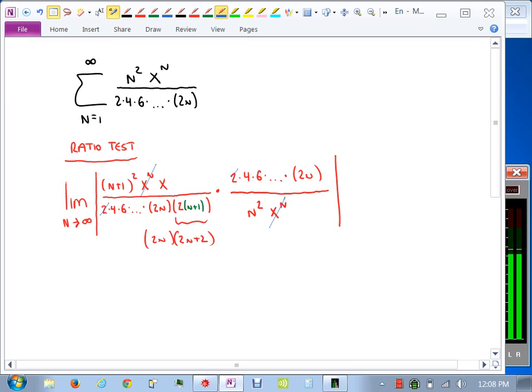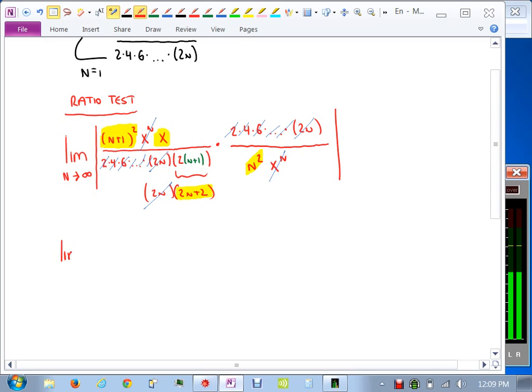Yeah, my 2's cancel, my 4's cancel, my 6's cancel, everything all the way up to 2n. You see why I included it in this one? I included it so you could see it cancels, but the one next to it doesn't. So the only thing left is an n plus 1 squared on top, an x on top, and what's on the bottom there? 2n plus 2 and an n squared.